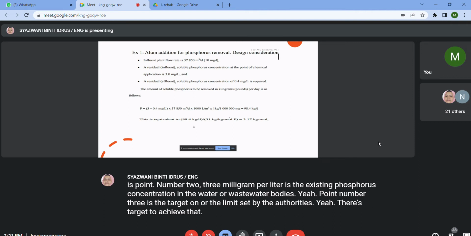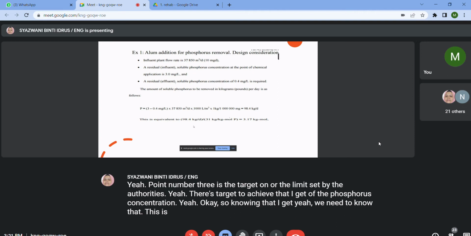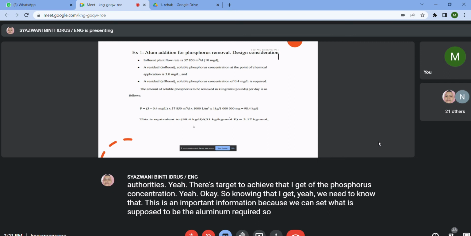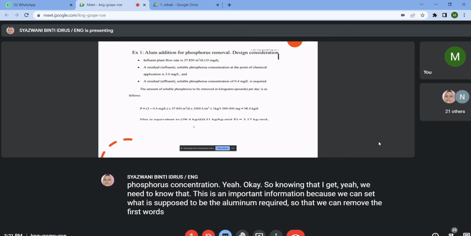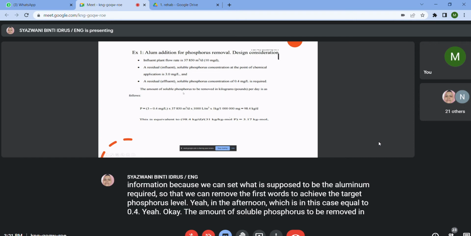Knowing the target is important information because we can determine the aluminium required so that we can remove the phosphorus to achieve the target phosphorus level in the effluent, which in this case is 0.4.